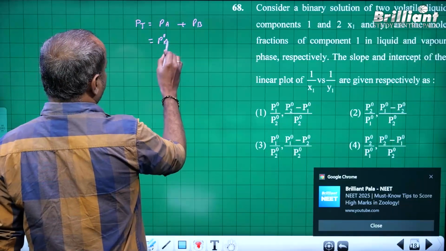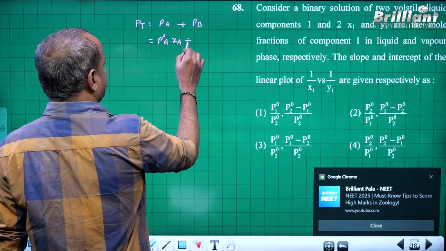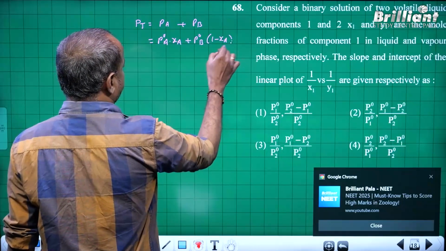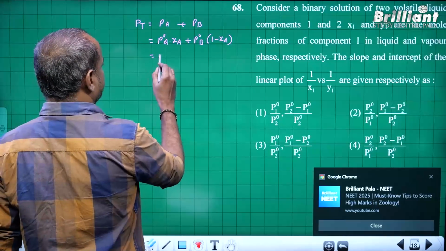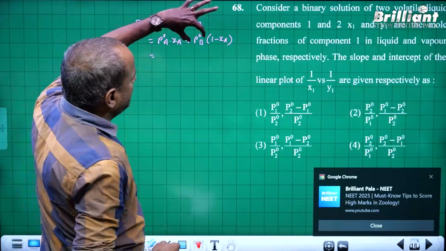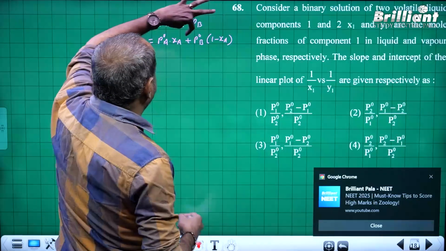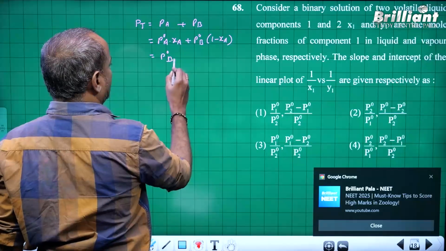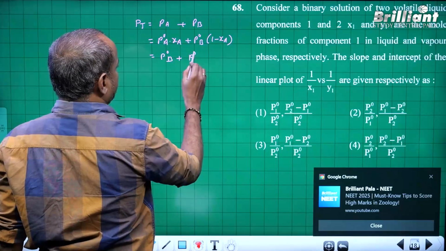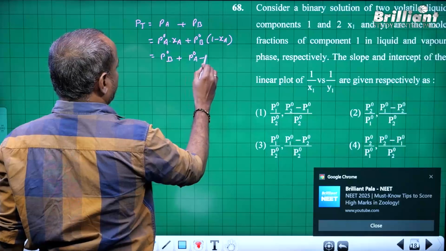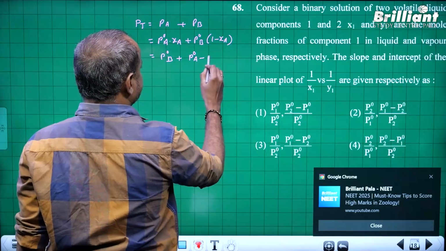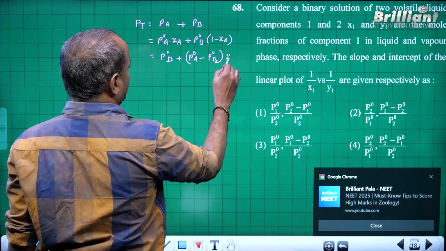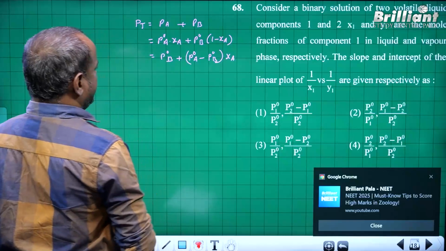P naught A XA plus P naught B into 1 minus XA is equal to, on multiplication, P naught B minus P naught B XA. So XA is common: P naught B plus P naught A minus P naught B into XA.